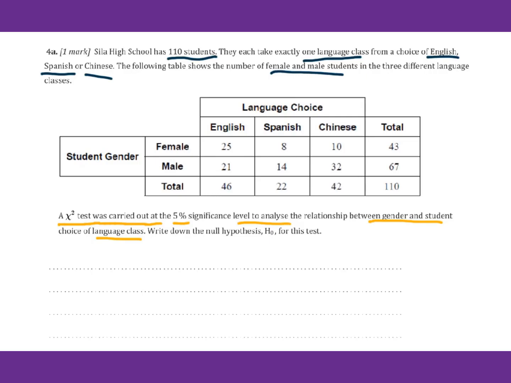When you write down the null hypothesis using the sentence Y is independent of X, we call this a null hypothesis.